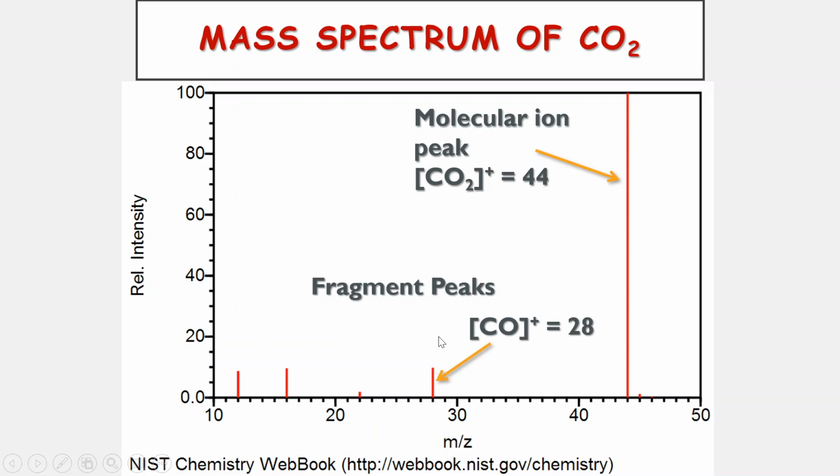This would be a fragment at 28. That's a combination of just carbon and oxygen. Here you've got the oxygen-16 peak. And then here you've got the carbon-12 peak, right? And so again, we really focus in on the ones that are producing these higher relative intensities, okay?